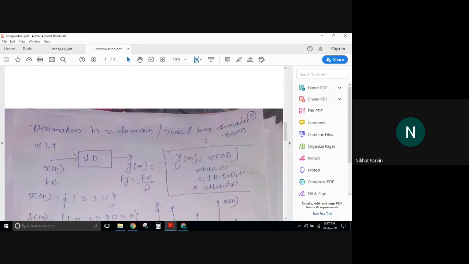At that time the I gets cancelled and your values are coming like x of 1, x of 2, x of 3, x of 4, x of 5 and so on. Here, as you have x of n into D, now put the value of n from 0, no issues, x of 0, the first sample will be as it is. Then the next sample, let us say I am taking only plus D, D into D, you will get 2D, right?